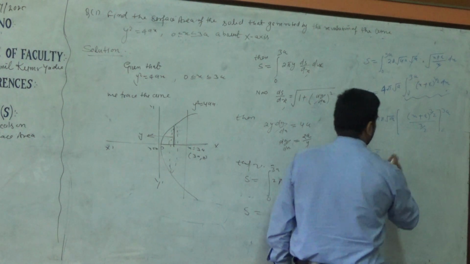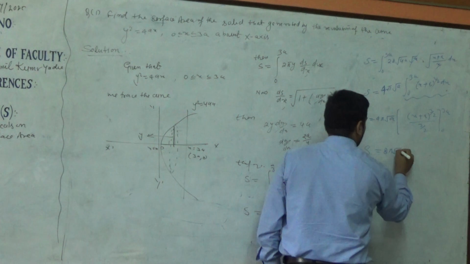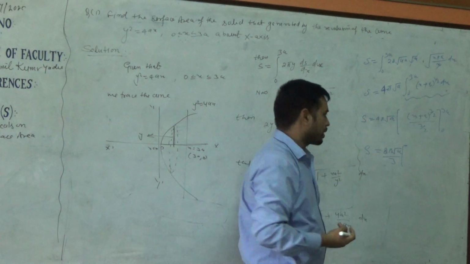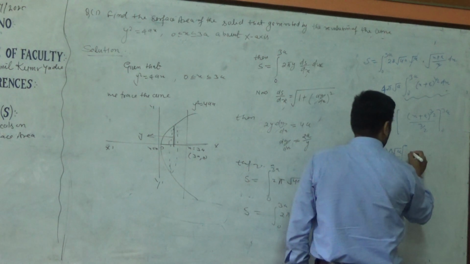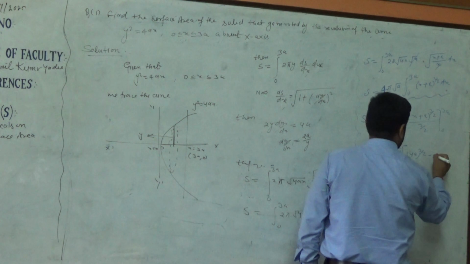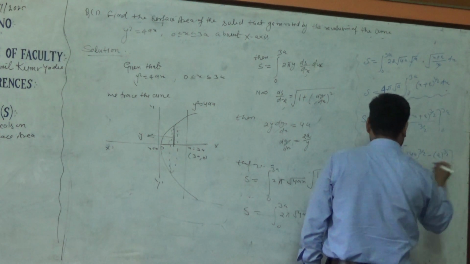After simplification this can be written as 8 pi root a upon 3, upper limit minus lower limit: (4a) raised to the power 3 by 2 minus a raised to the power 3 by 2.